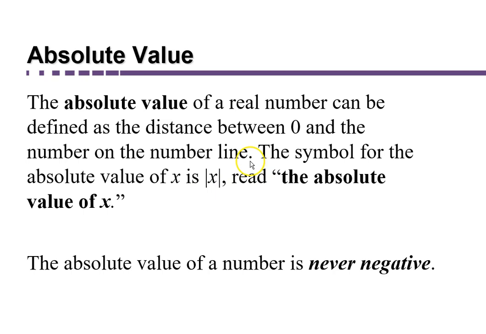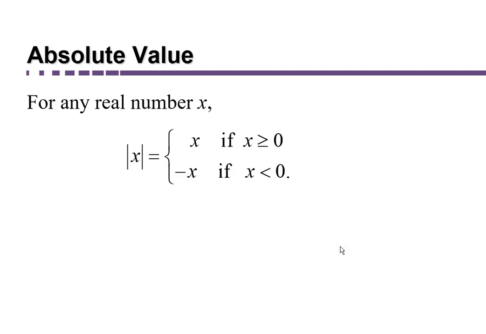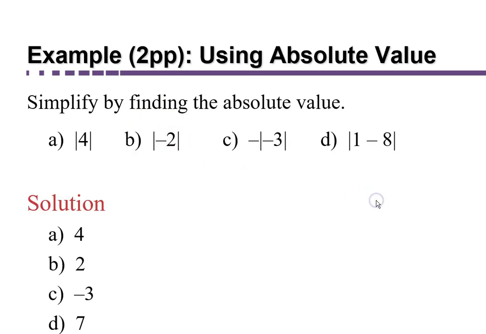It's in a sense kind of a counting or a distance a number is from where it is to 0, and distance is measured in positive values. So here's the rule: the absolute value of x is always going to be equal to or greater than 0. And in its negative form, it would have to be positive. We'll show you some examples.